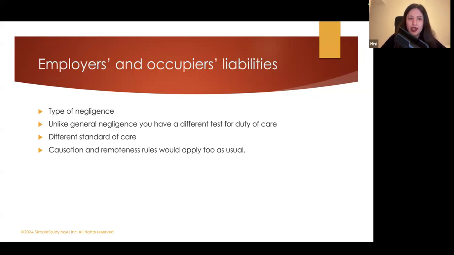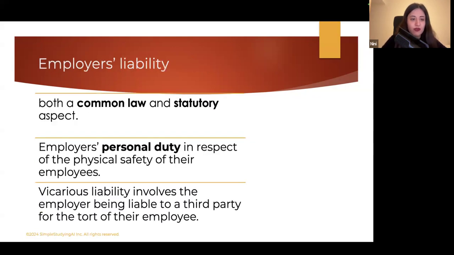For duty of care in employers and occupiers liability, instead of the Caparo and Robinson test, you have to apply another test. There is a different standard of care, but you also have to discuss causation and remoteness like you would for any other problem question on negligence.